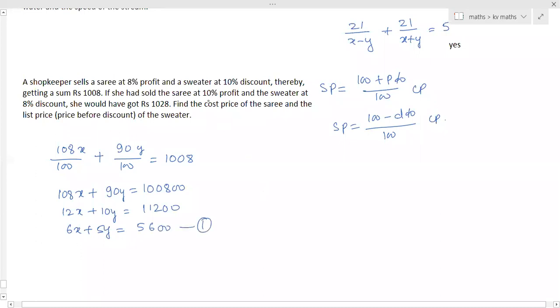And the second equation, 10% profit, 110x by 100, plus 8% discount, that is 92y by 100, is equal to 1028. 110x plus 92y is equal to 102800.